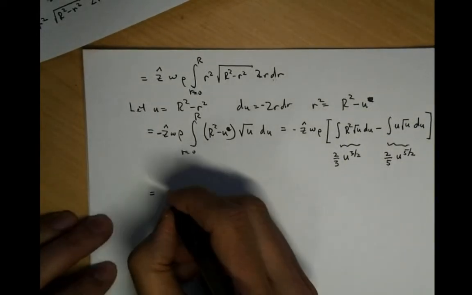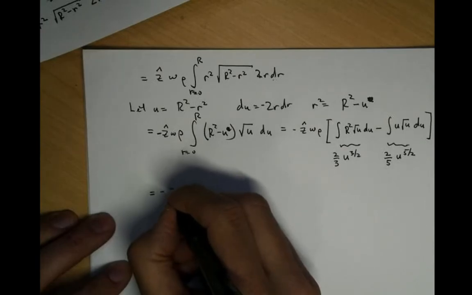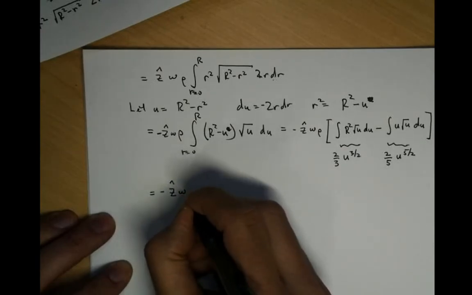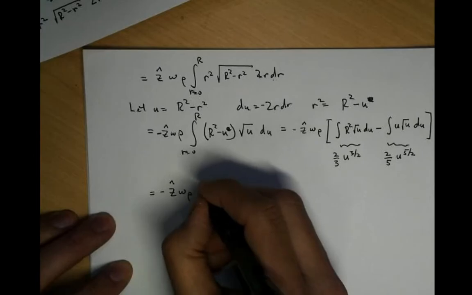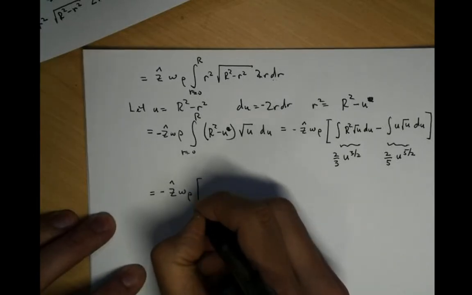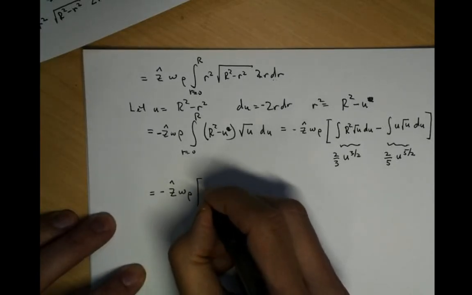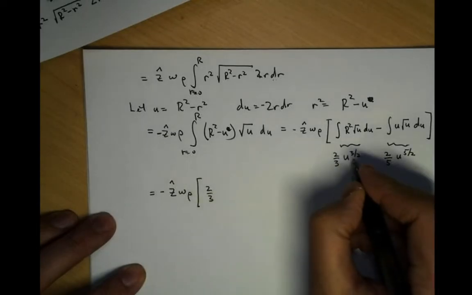Okay. So it's minus z hat omega rho, right, times 2/3 u to the 3/2 power.